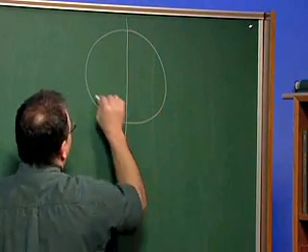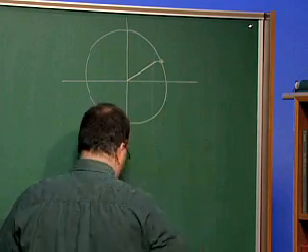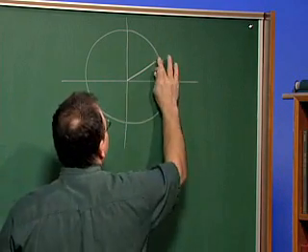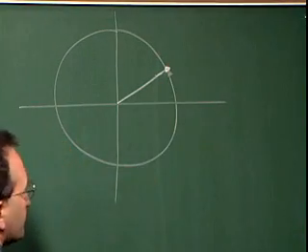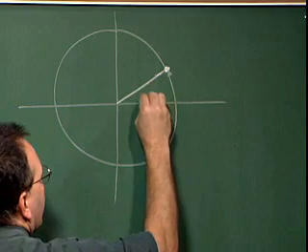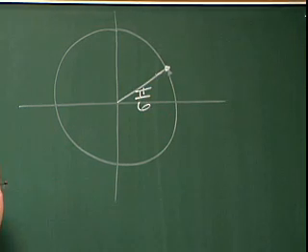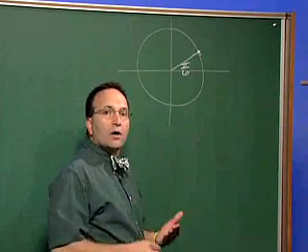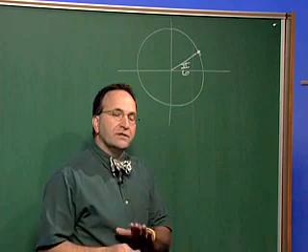if I were to draw a unit circle and draw pi over 6 radians, so this measure is pi over 6. But again, recalling from our triangle trig, this pi over 6 is 30 degrees.